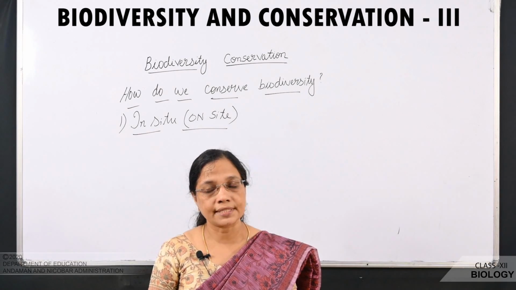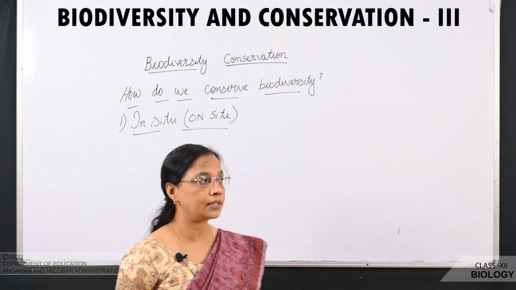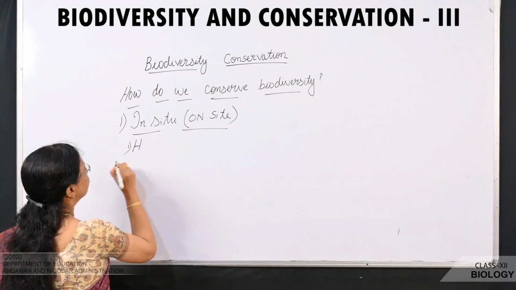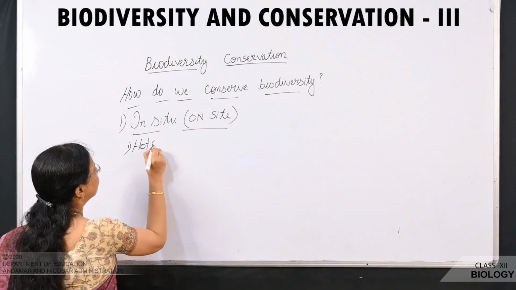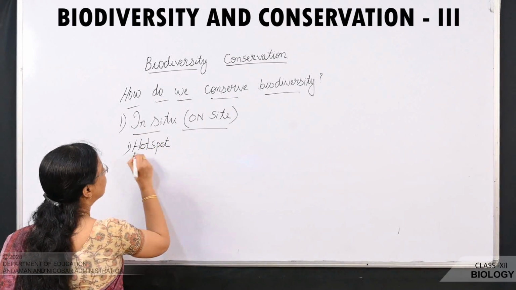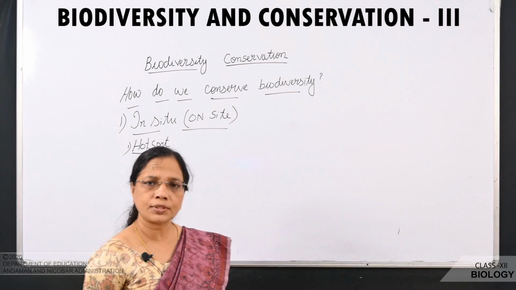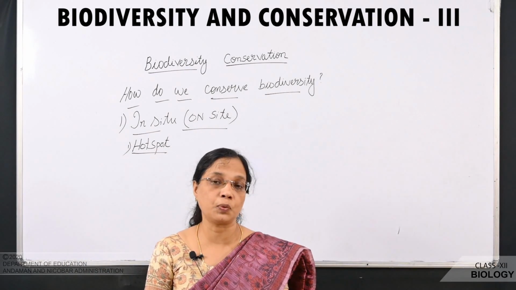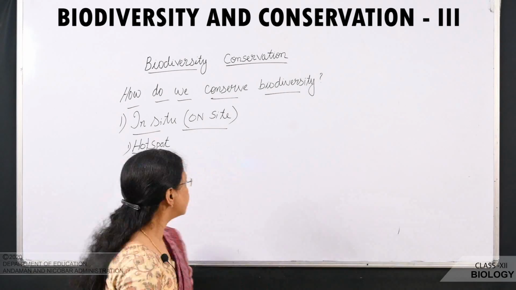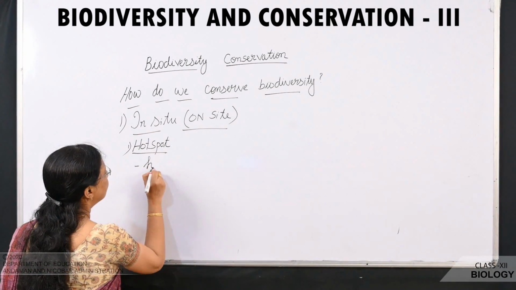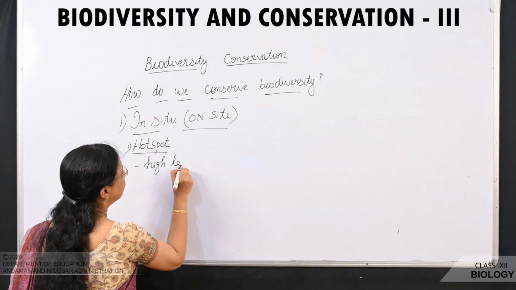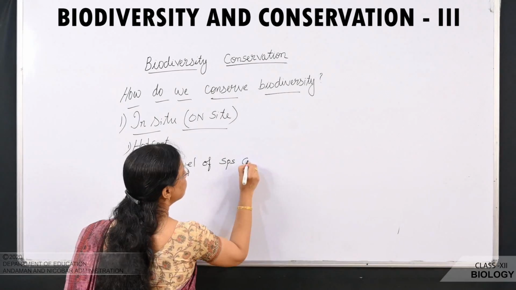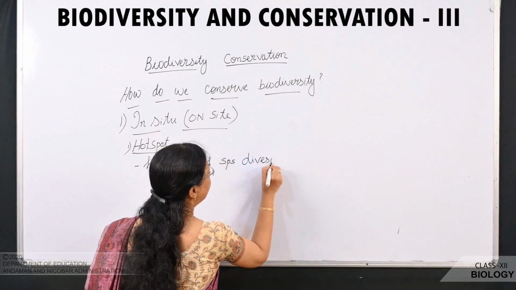Now we will see certain examples of in situ conservation. First is hotspot. Hotspots are a large area where there is a high level of species diversity.